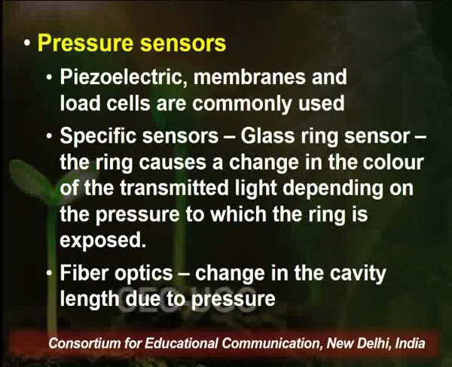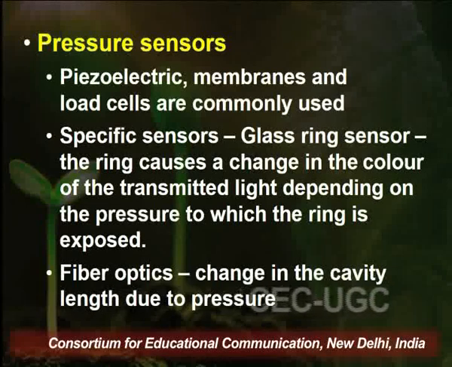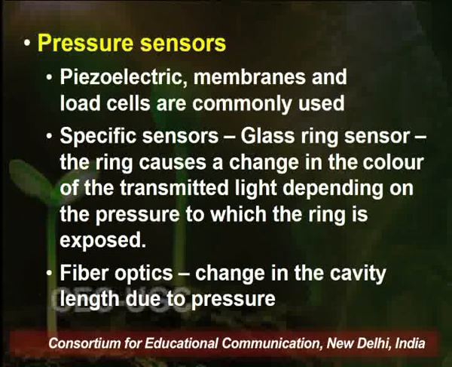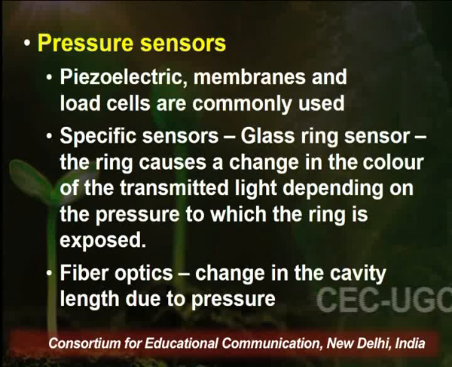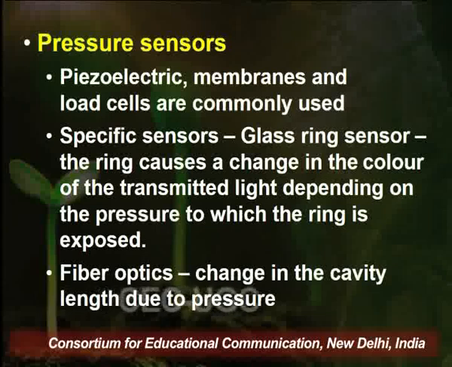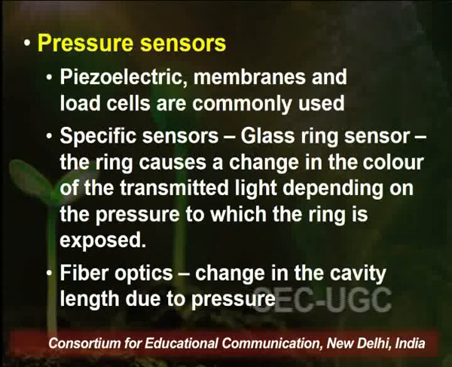Whenever there is a change in the pressure conditions, the length of the cavity changes, and that is indicated by certain signals that are mounted with the extractor or the microwave reactor. So these were some of the important components that are utilized in manufacturing a microwave extractor or reactor.